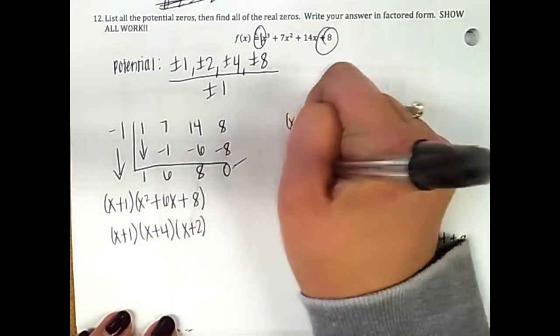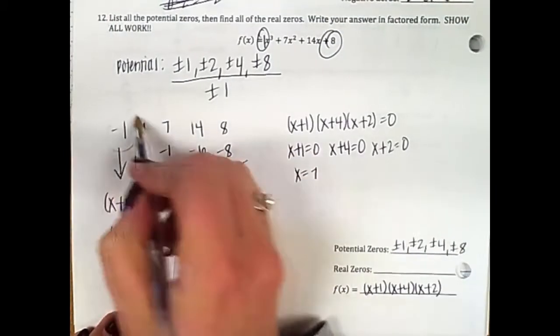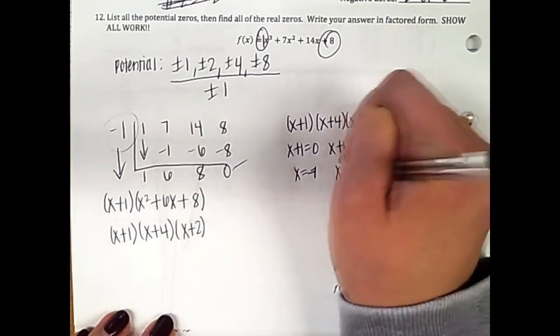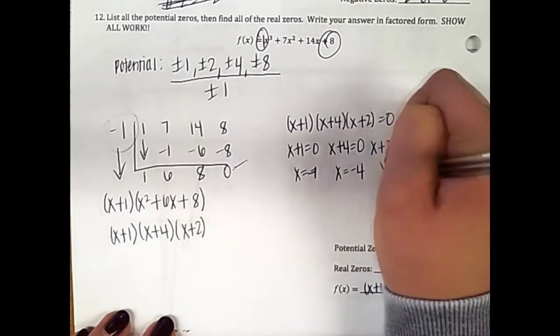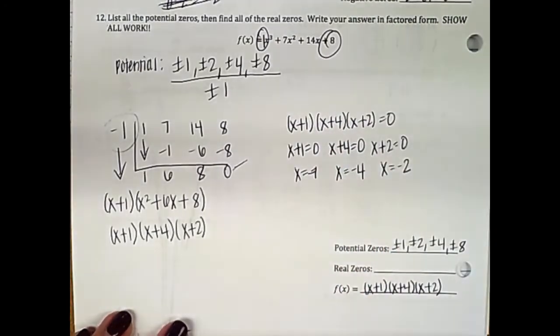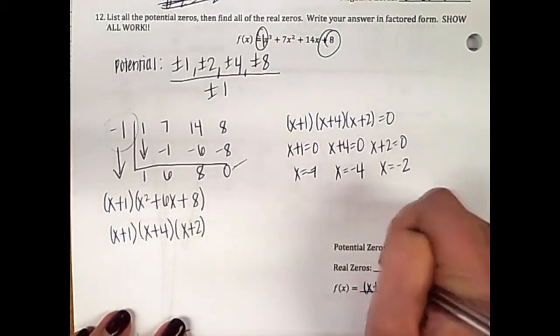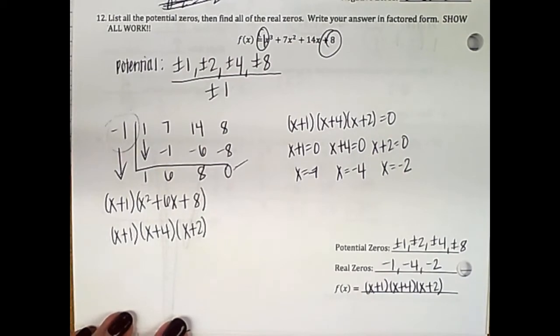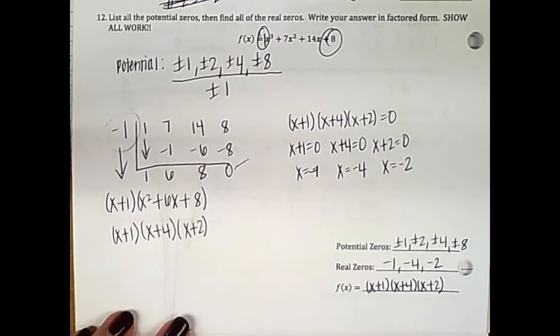I subtract 1 to get negative 1, which is what I had already over here. Then subtract 4 to get negative 4. Subtract 2 to get negative 2. So my real zeros are negative 1, negative 4, and negative 2. And that is all you have to do for number 12.